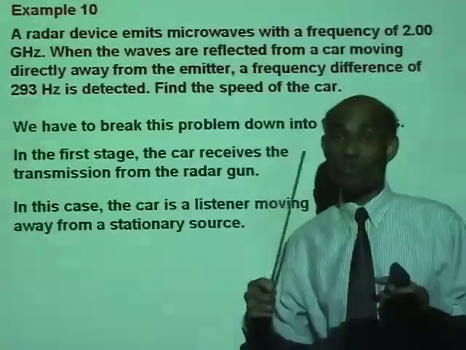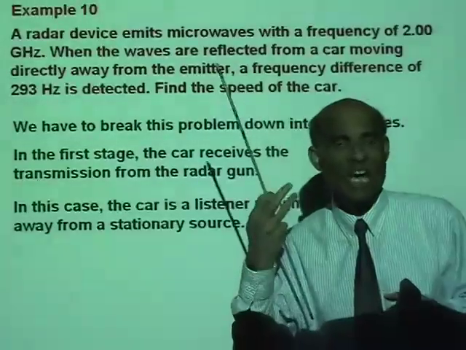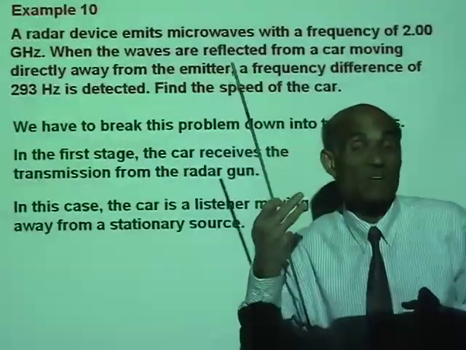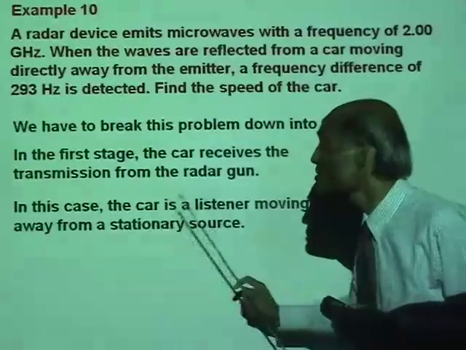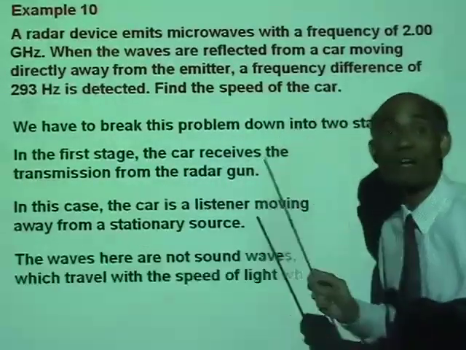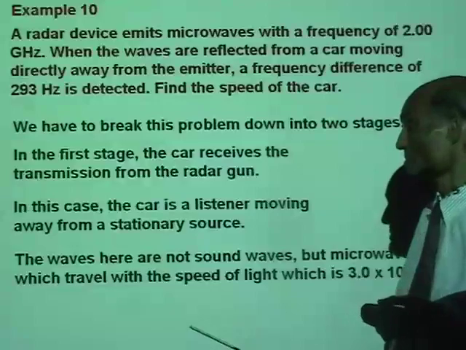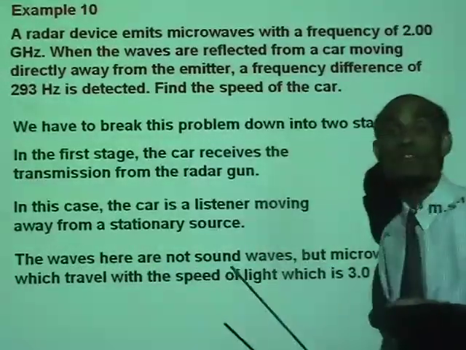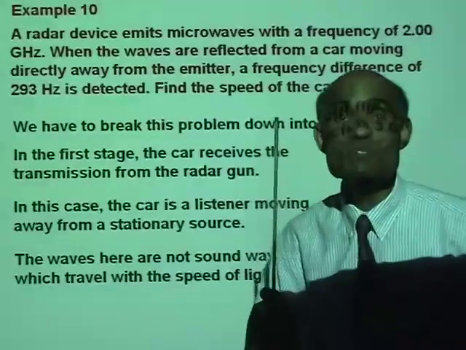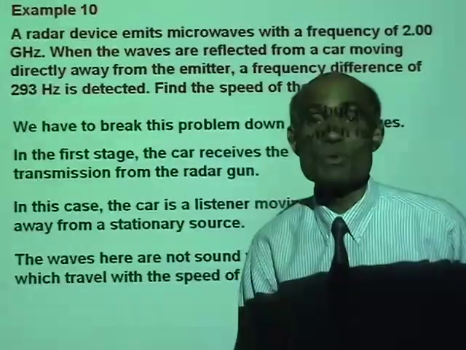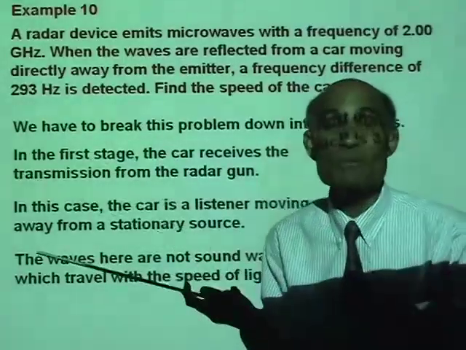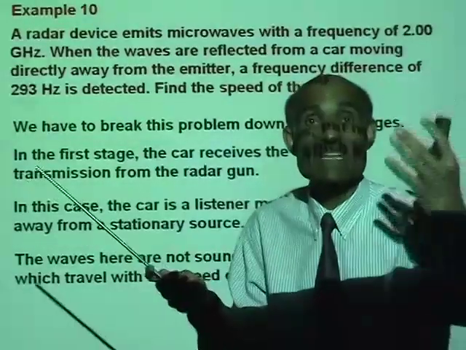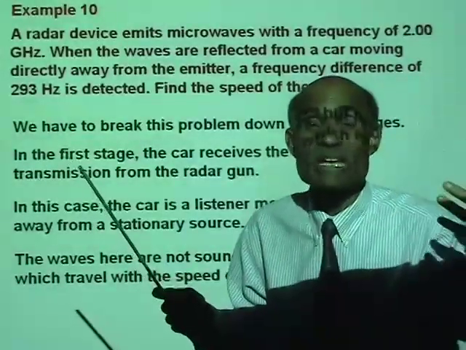Alright, what is the formula for the frequency as is received by a listener moving away from a stationary source? The waves here are not sound waves, so we don't need the speed of sound in here. The waves are electromagnetic waves, like light or heat.